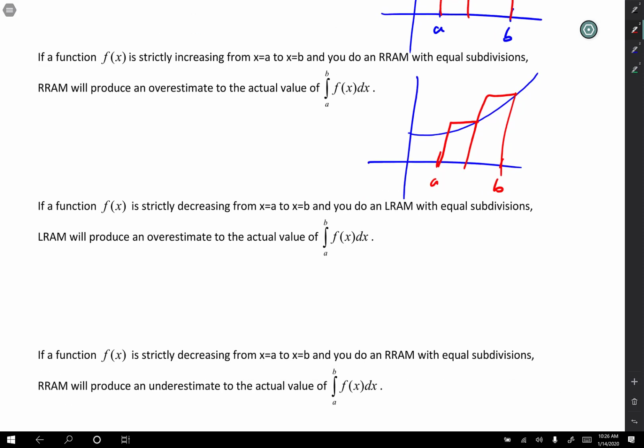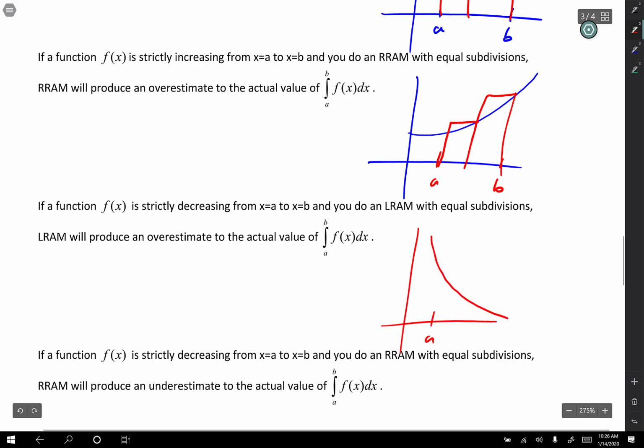All right. If I have a strictly decreasing function, so let's see, strictly decreasing. Doesn't matter the concavity, but I'm doing concave up. So let me draw a better one. There we go. A, B, and what do they have here? LRAM. If I do an LRAM, blue, overestimate, overestimate.